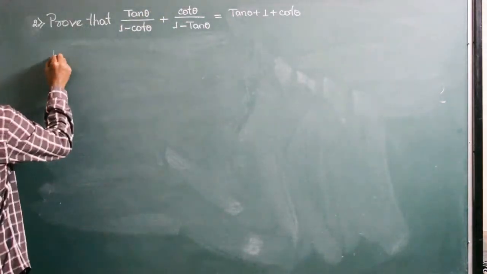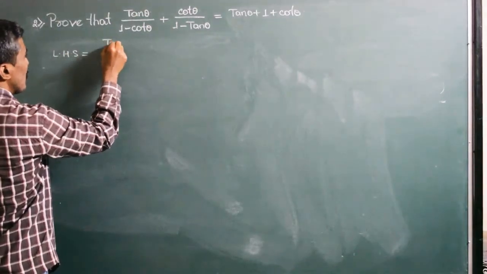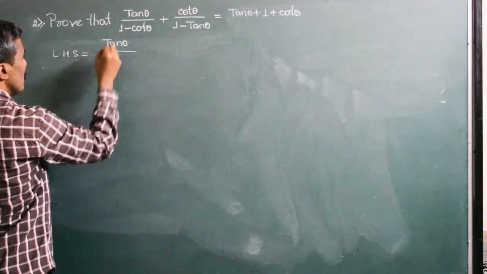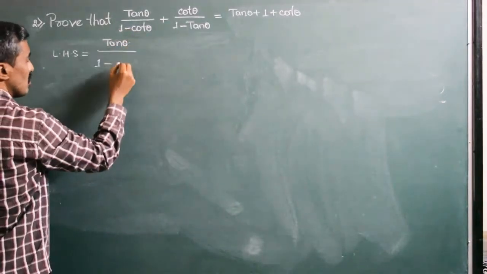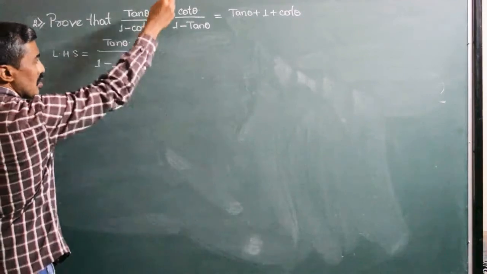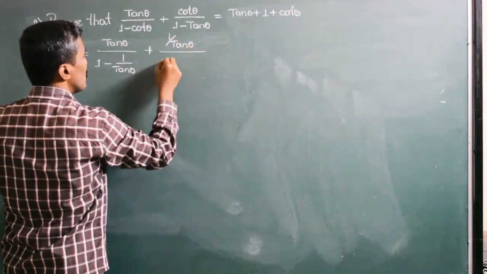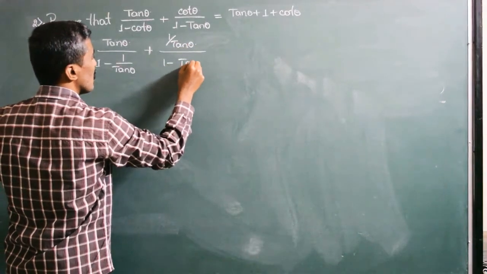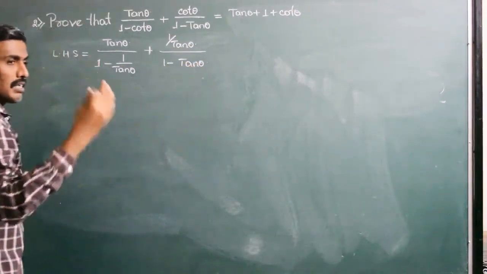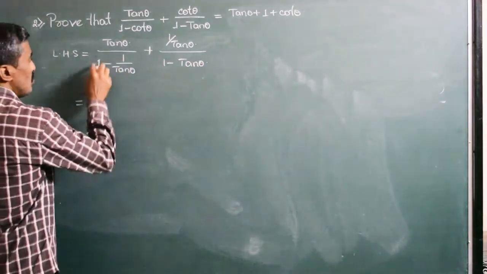So LHS is equal to tan theta, I will keep as it is, divided by 1 minus cot theta, its reciprocal of tan, plus cot theta, 1 by tan theta, whole divided by 1 minus tan theta. Either convert tan theta or cot theta. Now simplify this.